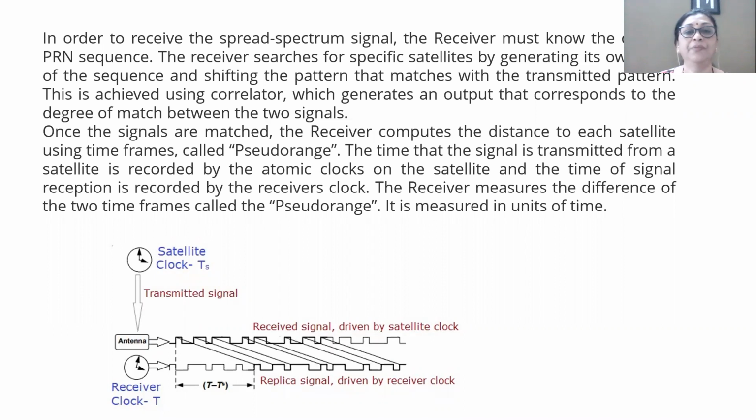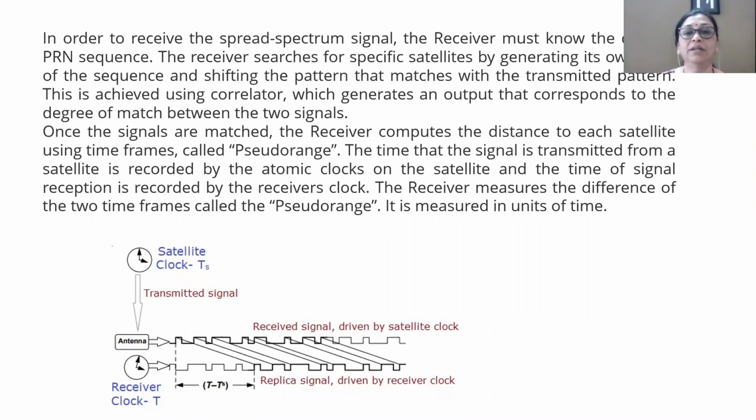So for this, the receiver will search the different sequences, and one sequence will match a particular pattern. This is achieved by a mathematical operation called correlation. When two things are exactly equal, it will produce a high output, identifying a particular sequence of the transmitter.